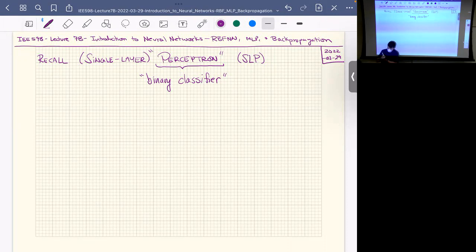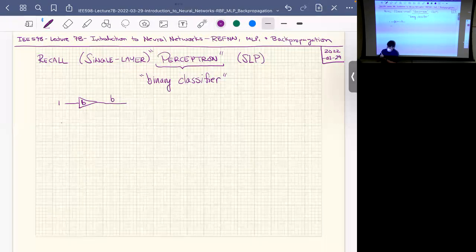basically this network, in which I'm going to draw a constant, a literal 1 as an input with a weight b. So coming out of this little gain, we just have b. And then we have all of our feature vector: x1, x2, x3, and so on, down to xn.